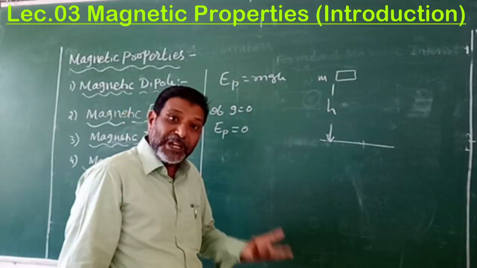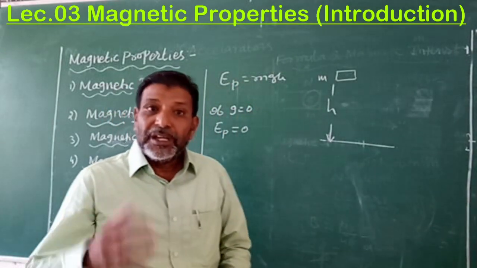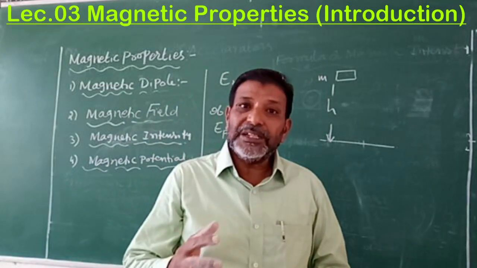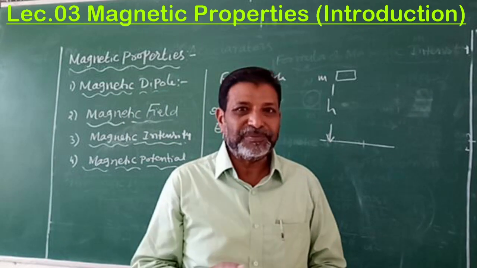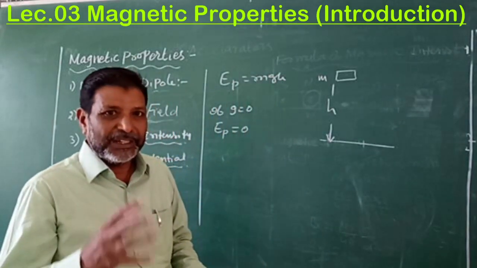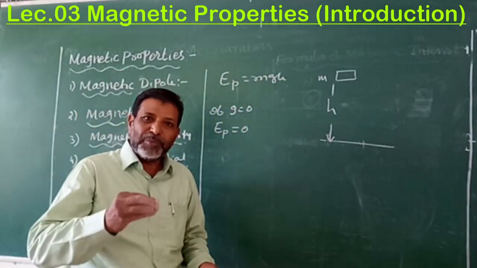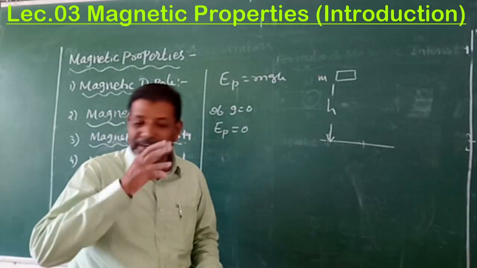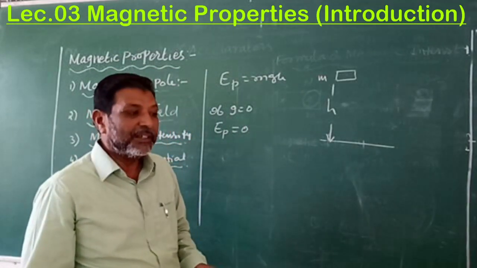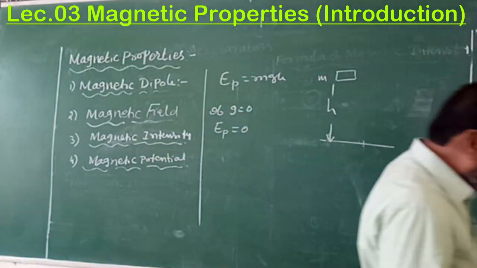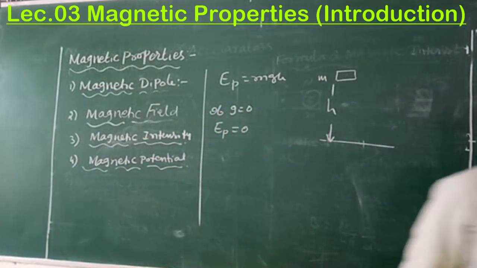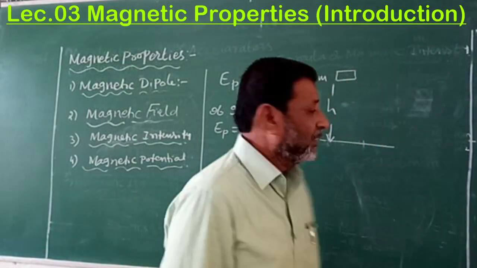Similarly, in electricity, every electric charge has electric potential in the electric field. In the same manner, every magnetic pole has magnetic potential in the magnetic field.